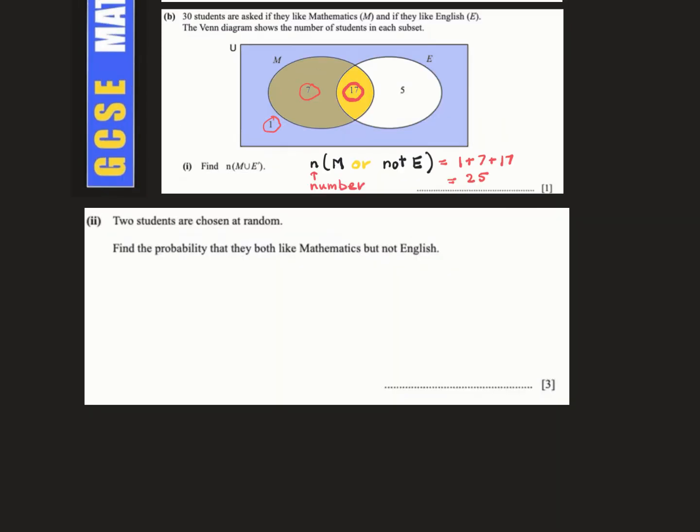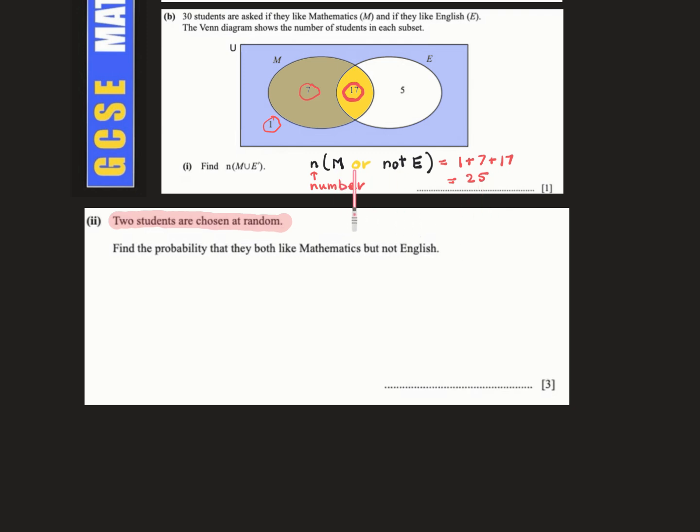There's another part to this question. We have two students chosen at random, and we want to find the probability that they both like mathematics but not English. Just a note here, please don't use that number 25.